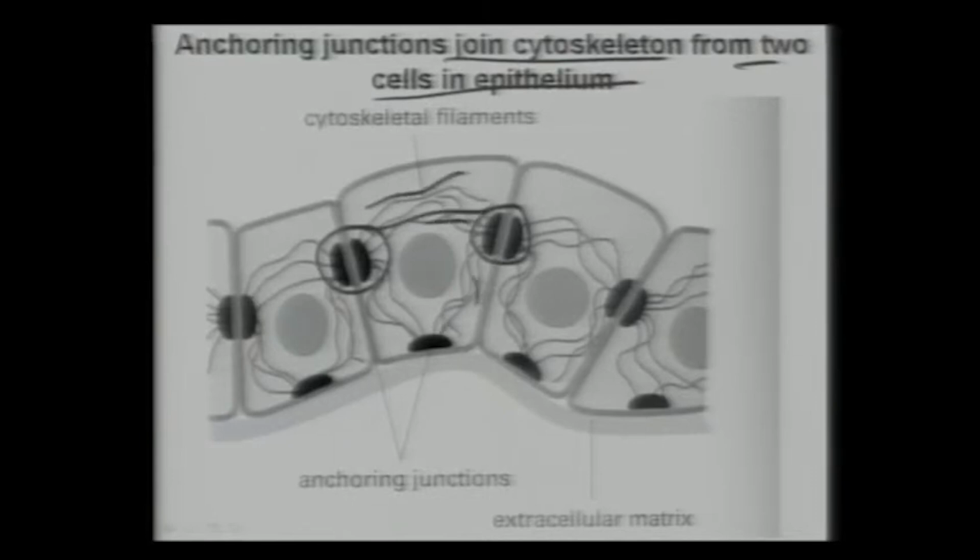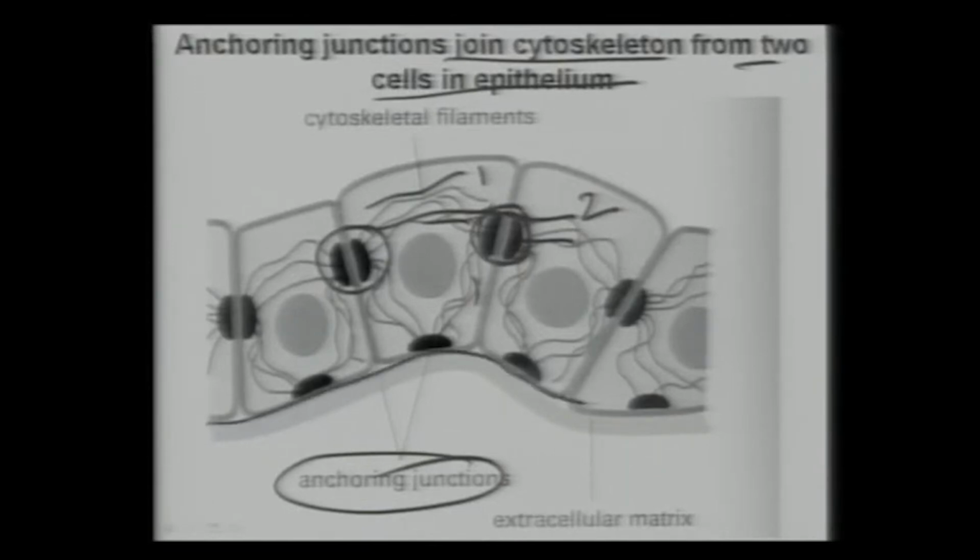What you see is that cytoskeleton filaments from cell 1 get attached to cell 2, and they form these black-labeled junctions, known as anchoring junctions. The other thing you see is the extracellular matrix, ECM, which is labeled as the yellow junctions just outside these epithelium cell lines.